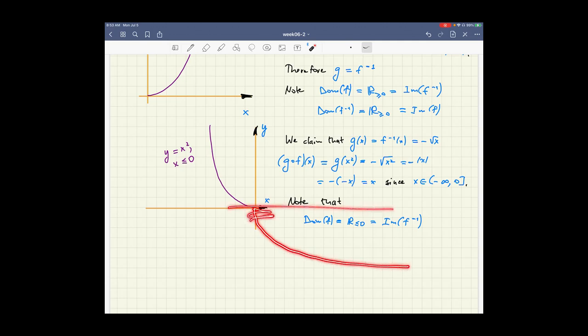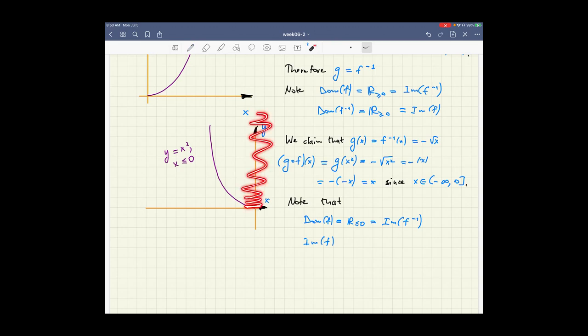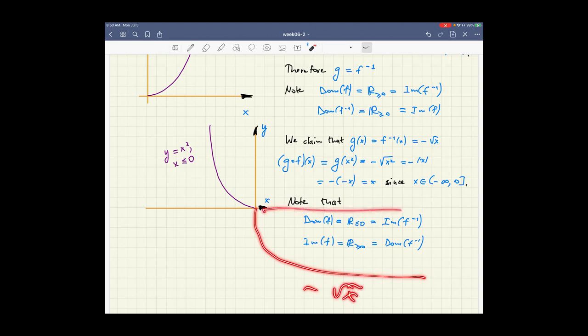And its image is precisely all non-positive real numbers. And likewise, the image of f is all non-negative real numbers. And that is also the domain of the inverse function, right? The domain of negative root x is all non-negative real numbers.